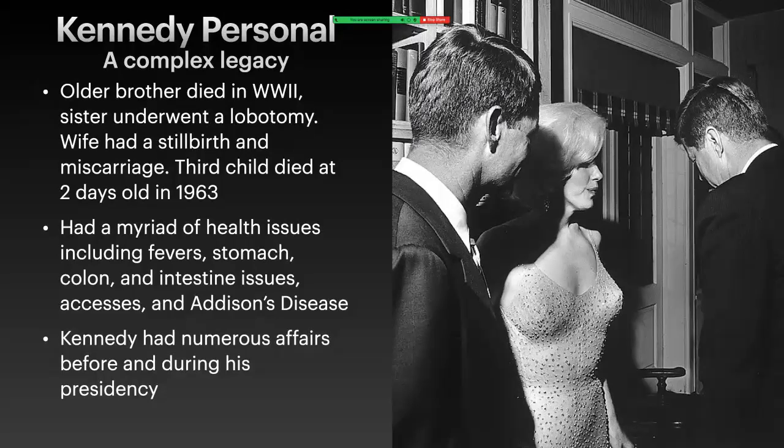So when he was discredited and forced to come back to the United States, his political career, Joe's, was over, and he chose to focus on his kids, specifically his son, Joe Jr.